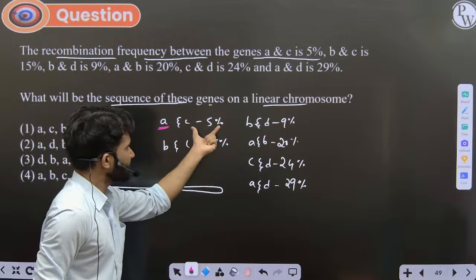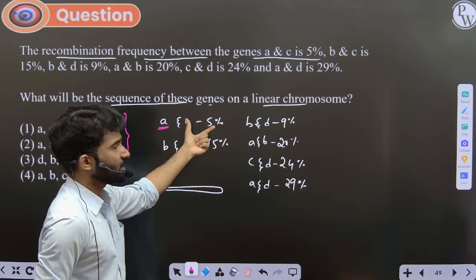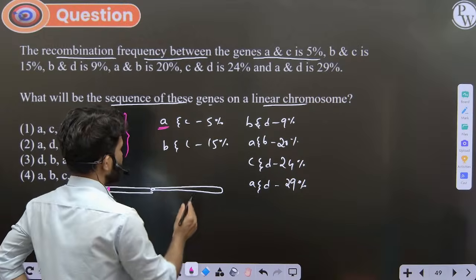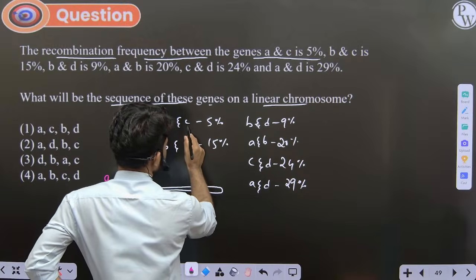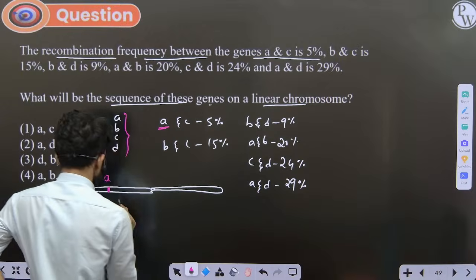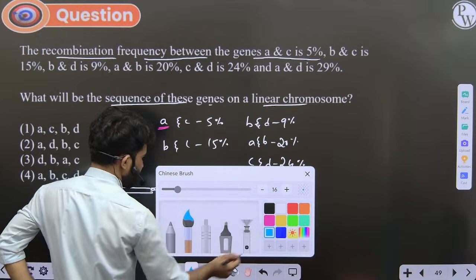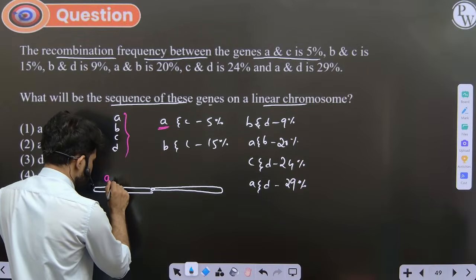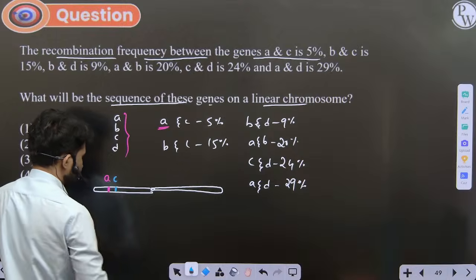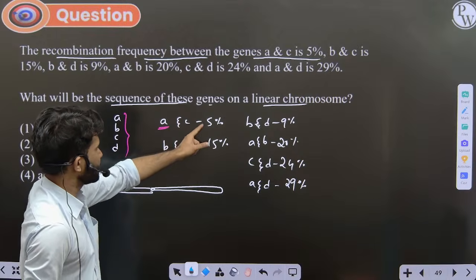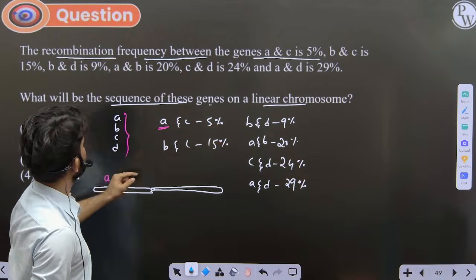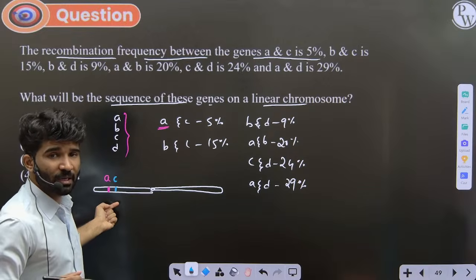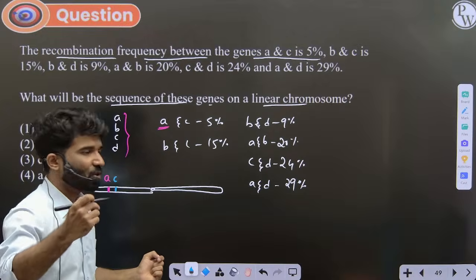What is the lowest frequency of recombination? More closely associated genes have a lower frequency, right? Only 5%, that is of C. Between A and C, the frequency of recombination is only 5%. That means they are more closely located, more linked, less recombinant.